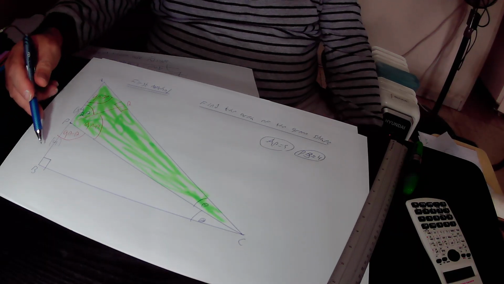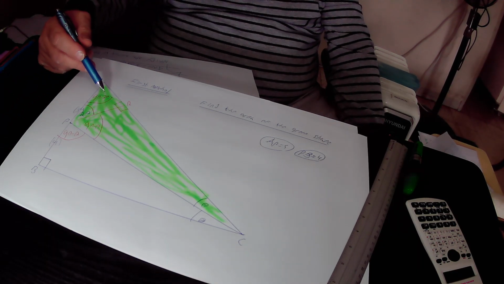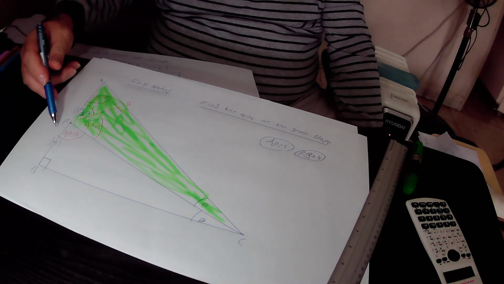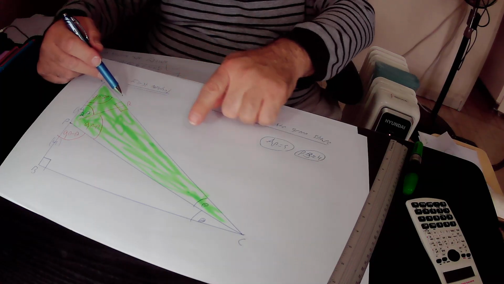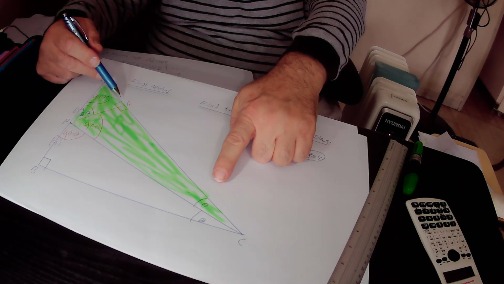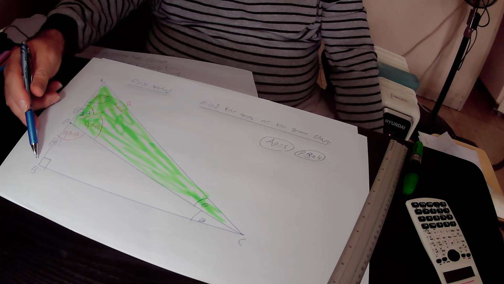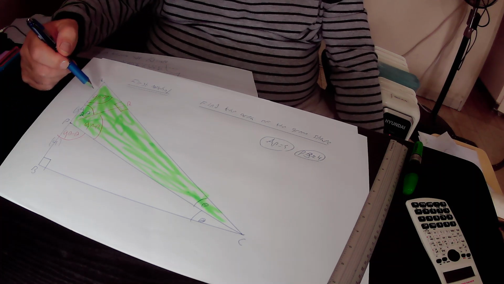Why is PB the corresponding side to PQ? Because side PB is located in front of angle theta, likewise side PQ also is located in front of angle theta. Therefore, PB is the corresponding side to PQ.